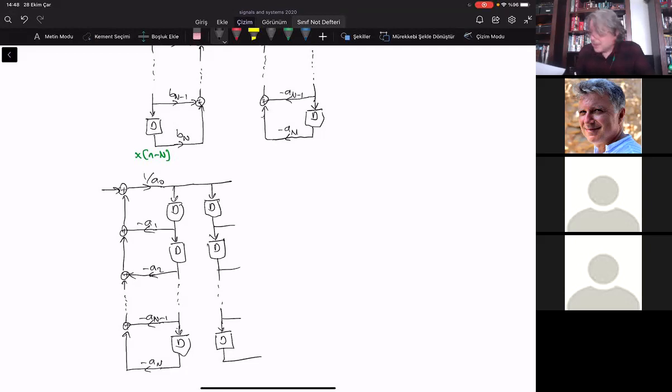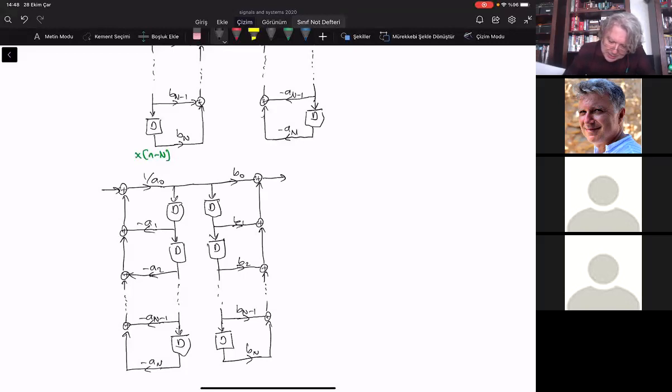To the right, the last one was Bn, and the one before that was Bn minus 1. This is B2, combined with this one, which is B1. And at the top, it is combined with B0. And this is the output.